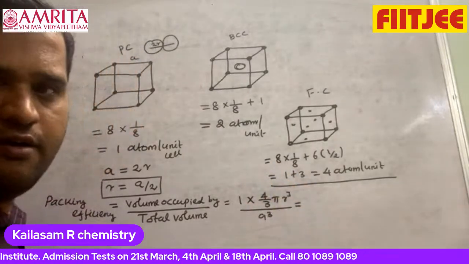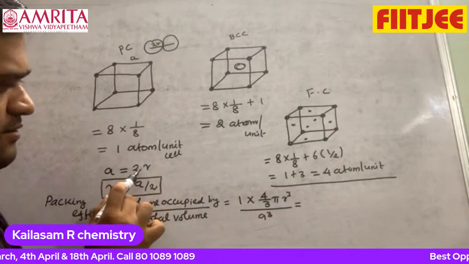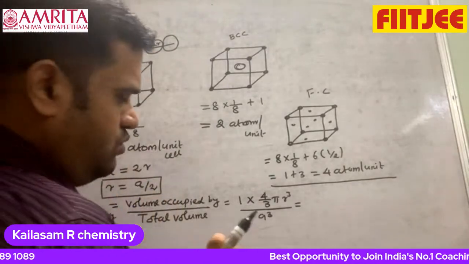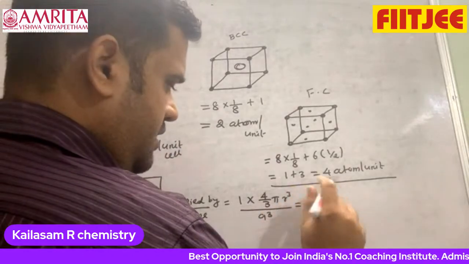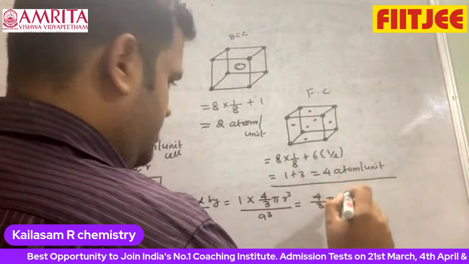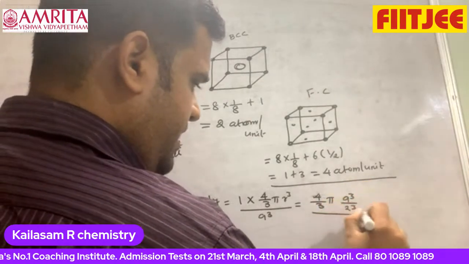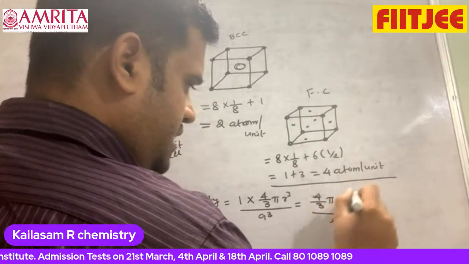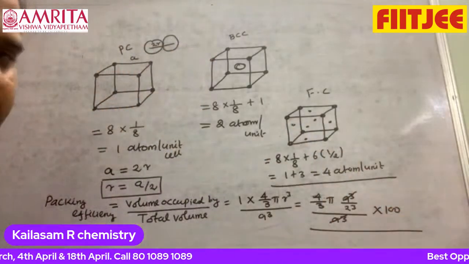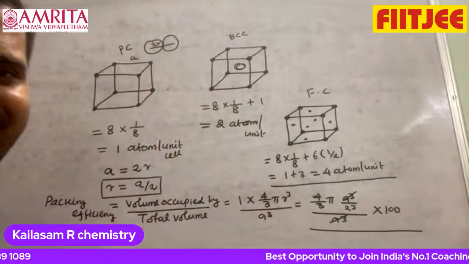Now r is a by 2, so r cube is a cube by 8. The a cube cancels off, and multiplying by 100, this gives the packing efficiency of the primitive cell.